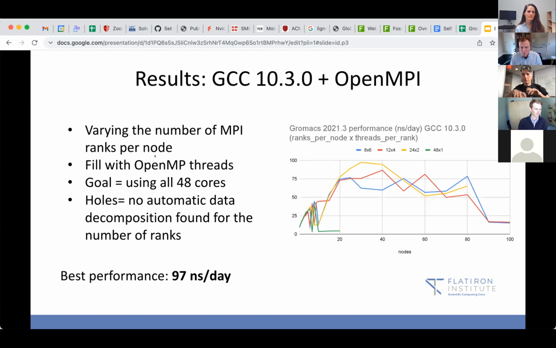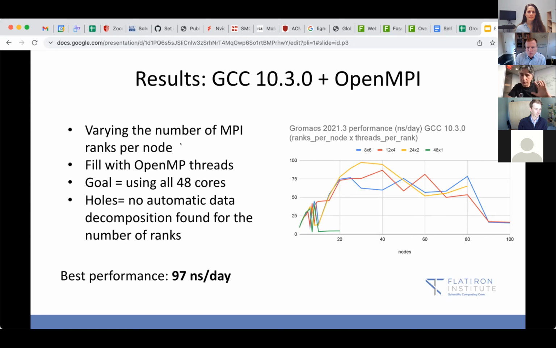So let's go directly into the results. This is how the scalability numbers look, from 1 to 100 nodes. I selected different configurations of how many MPI ranks I'm using inside each node and how many threads to compensate, the idea being to use all 48 cores and see what the result looked like.